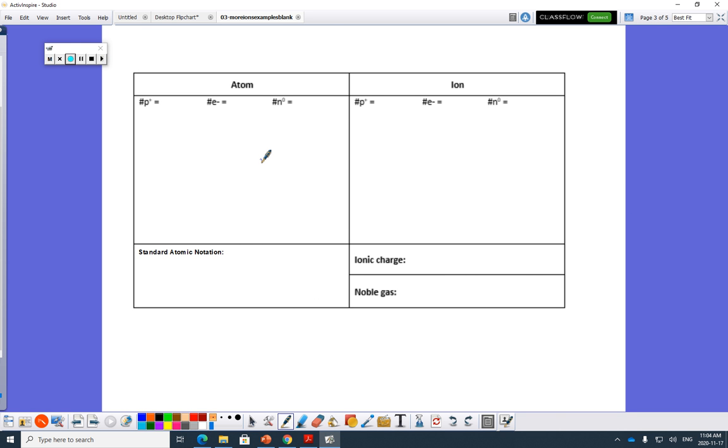The left-hand side says atom, the right-hand side says ion. I'm going to review standard atomic notation. We'll write down the ionic charge and the noble gas it's isoelectronic with. Some teachers in grade 10 would have looked at this. Your textbook asks you to write square brackets around the charge. You don't really have to do that here, but you can.